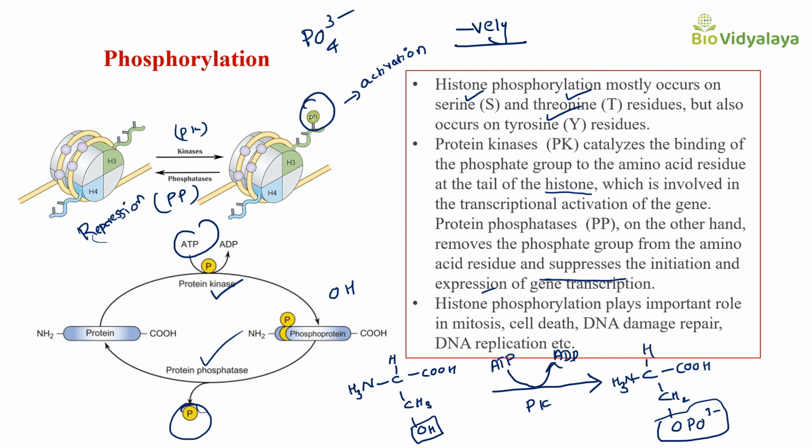Okay. Example for phosphorylation: serine 10 of histone 3. That means H3S10 phosphorylation during mitosis by Aurora B kinase. This will lead to gene activation.